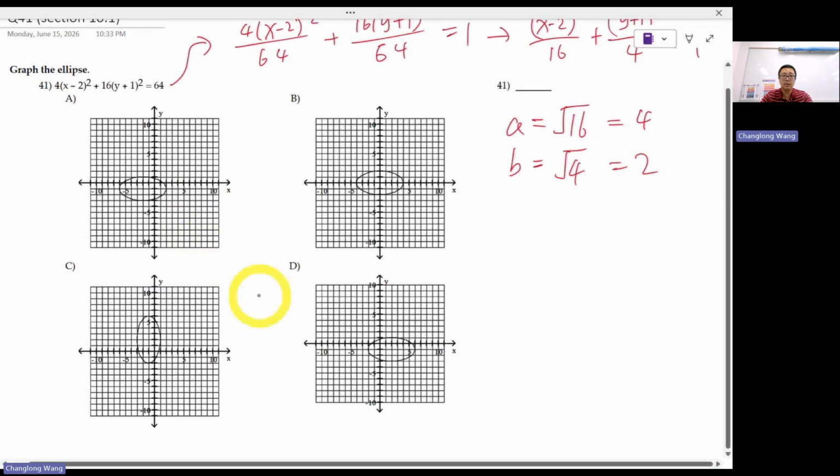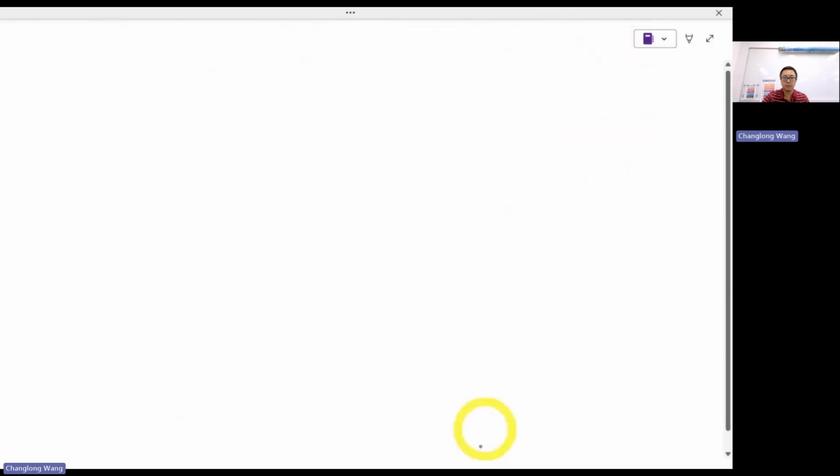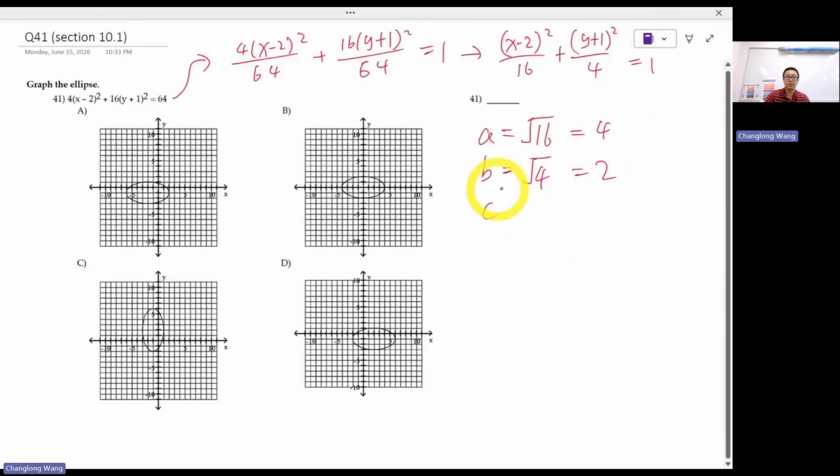You don't need the foci. You see that? They didn't even label it. But just to be consistent, if you're always looking at these things, why don't you get a C right away? And it is the difference of the squares, because A is the biggest one, right? So be radical 8 or 2 radical 2.